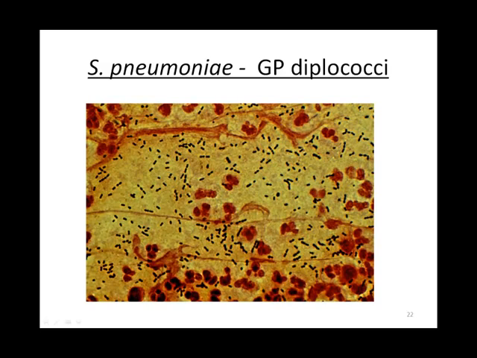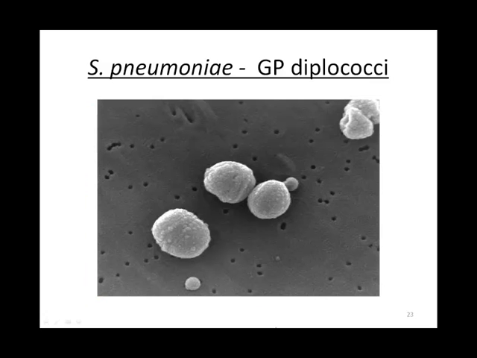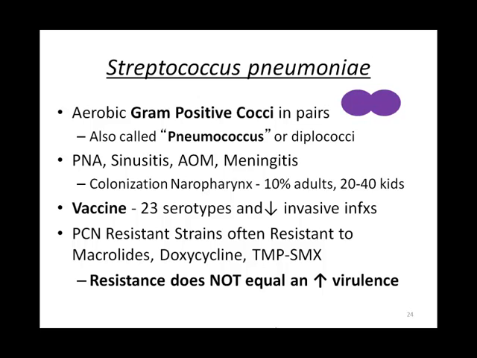And I'll just highlight the strep pneumoniae because this is the #1 cause of pneumonias and therefore is named as such. This is a nice up-close electron microscope version, and you can see these two cocci paired up here for the diplococci. What's interesting in terms of nomenclature is this bug, because of its diplococci fashion, is known as pneumococcus.